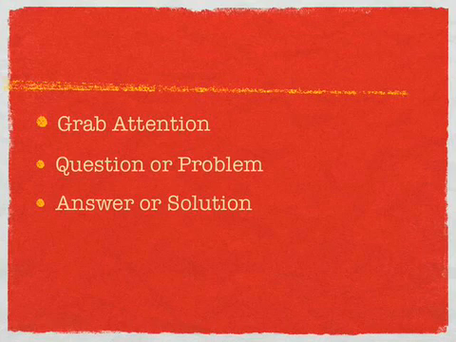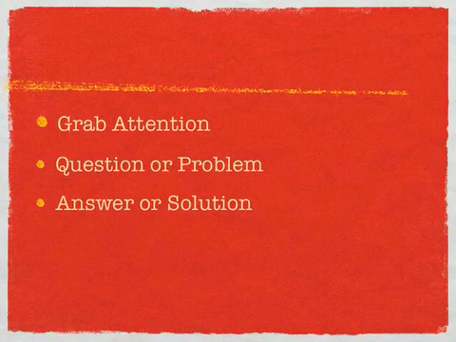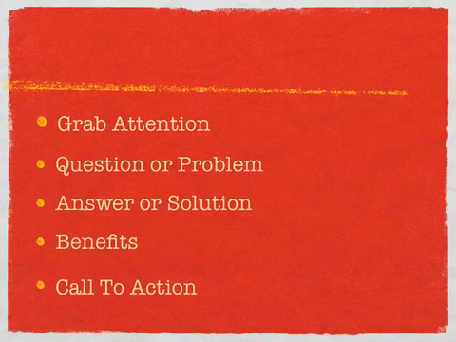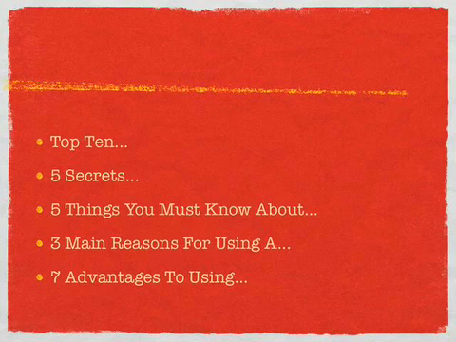The next paragraph would be the answer or the solution, and this would then be your 3 reasons, 5 reasons, secrets, whatever it may be. You then give the benefits of having this knowledge, what you can now do with it. And then finally, a call to action, which in the case of articles on e-zines would be visit our site for more.